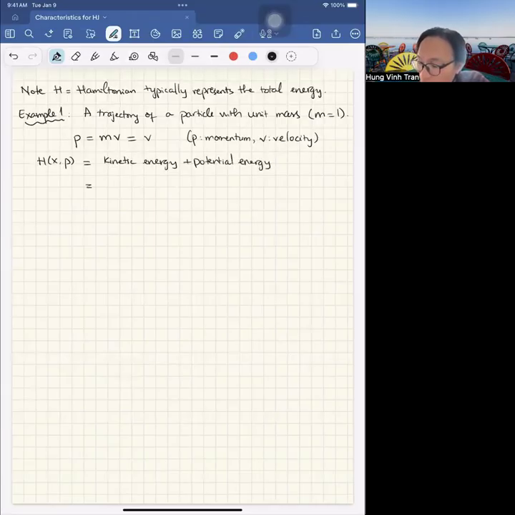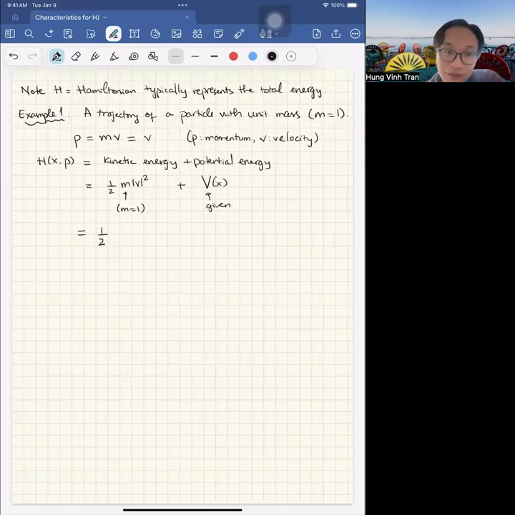So kinetic energy is 1/2 mv squared plus, let's say potential energy is given to us as V of x. And because m equals 1, that can be written as H of x, p is simply 1/2 p squared plus V of x. Okay, so kinetic plus potential energy. The potential is given to us through whatever measurement.